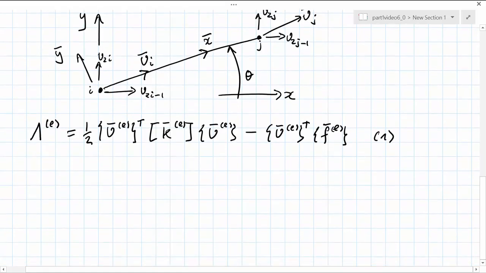Again, we're using overbars to denote displacements and stiffnesses in the local member coordinate system x bar, y bar.